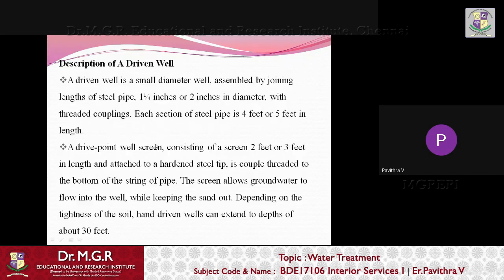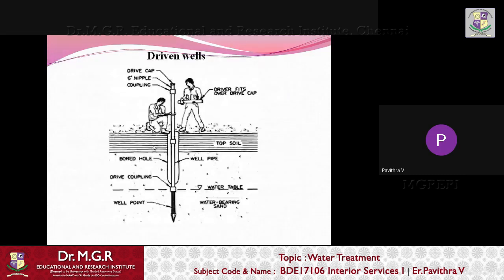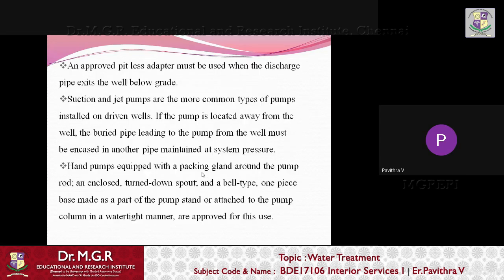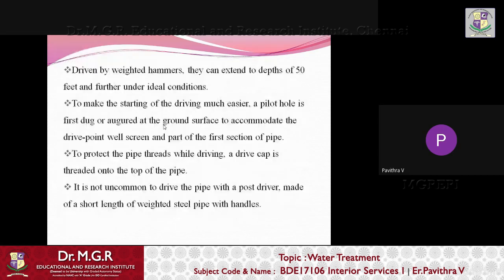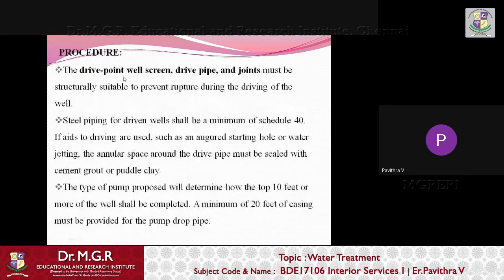So this is the driven pipes, and the overall procedure has been listed for you in the previous slide. And what is the procedure? I will just read through it. The drive point, well screen, and the joints must be structurally suitable to prevent rupture during the driving of the well.